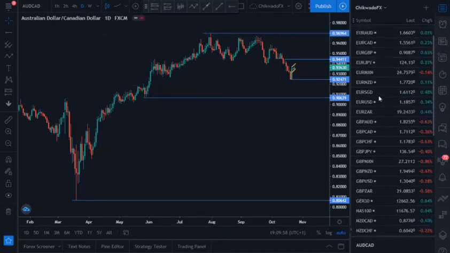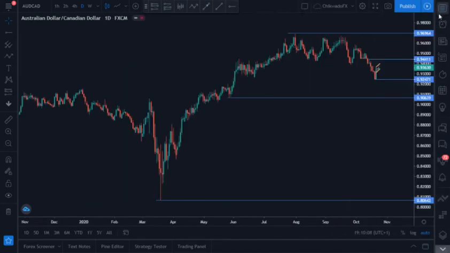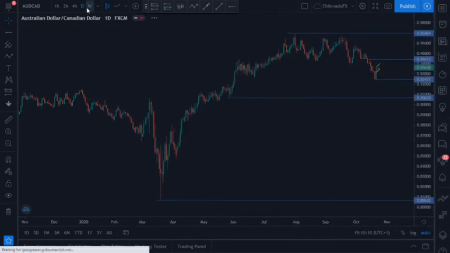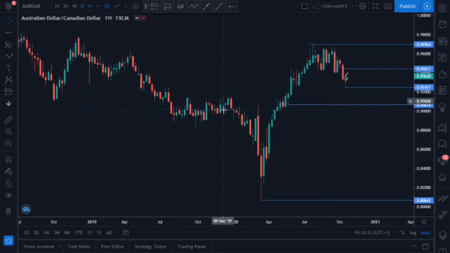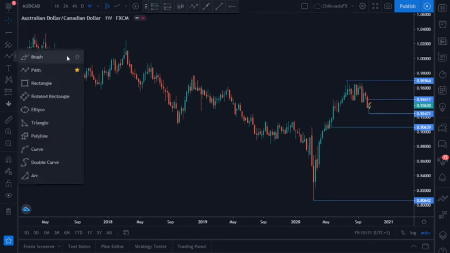As you can see, I have a bunch of instruments here, but in the coming weeks we're going to be keeping our eyes on just a handful of these, and what we are looking at right now is the Aussie CAD. Normally we like to start from the weekly time frame and identify the most important levels to us. On this particular chart, I'm going to get out my brush tool.